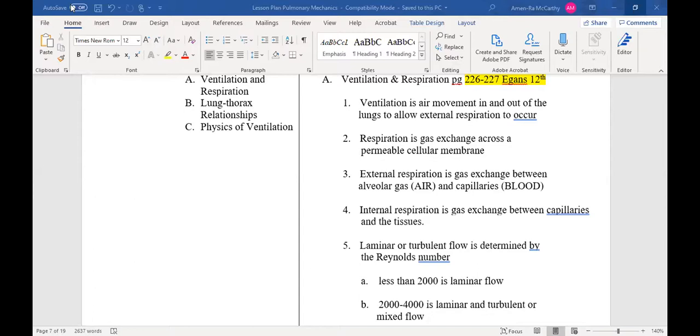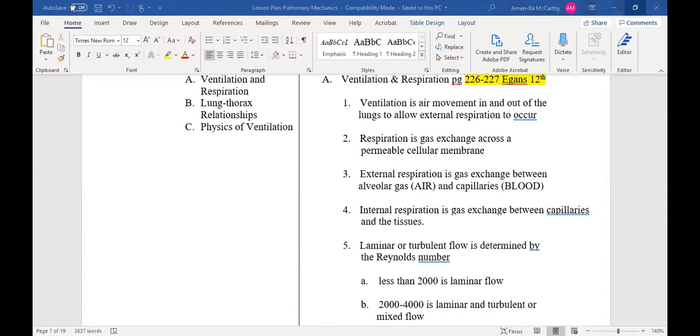All right, Michaelin, tell us. Type 1 cells. Type 1 alveolar cells allow for gas diffusion. Type 2 cells produce surfactant. And type 3 cells are macrophages.